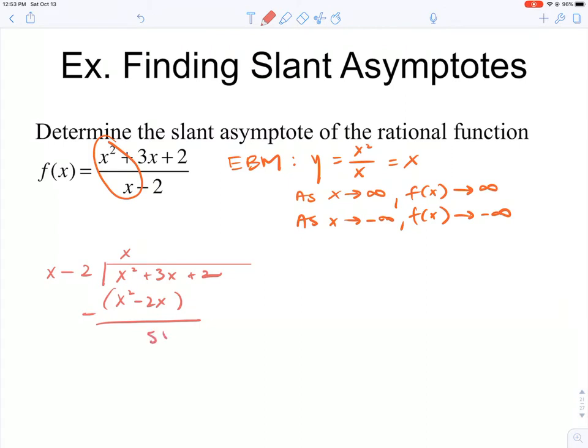So is that 5x, bring 2 down, plus 5, so we get 4.